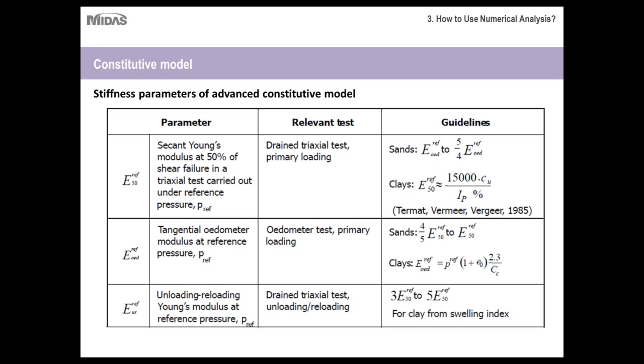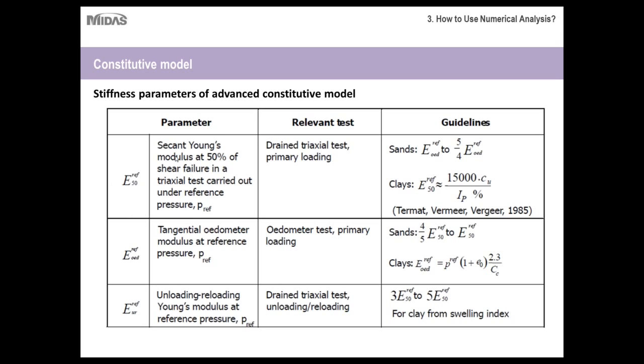So here you can see there are different stiffness parameters for the advanced constitutive model. I'll not go into all these details, but I'll briefly mention some points that are of relevance to most geotechnical engineers. There are different types of modulus of elasticity for soil, or Young's modulus, denoted as E50, EOED and EUR.